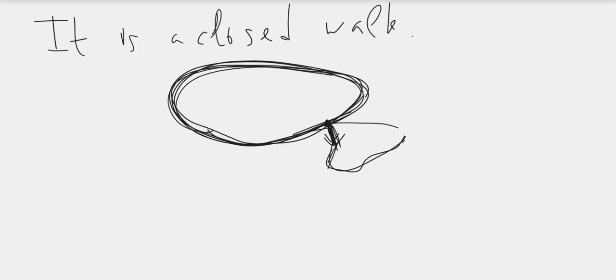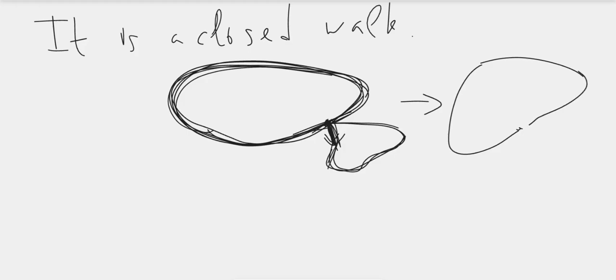So basically we attach this other closed walk to the first one. We treat it as if we merged them together. So let's say this is the vertex. We go here, then we go here by this closed walk, and then we go here.